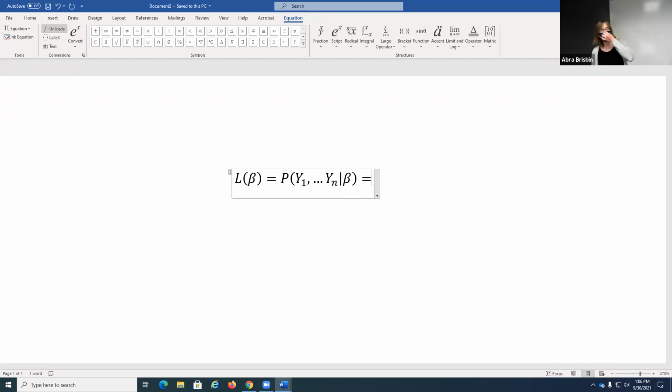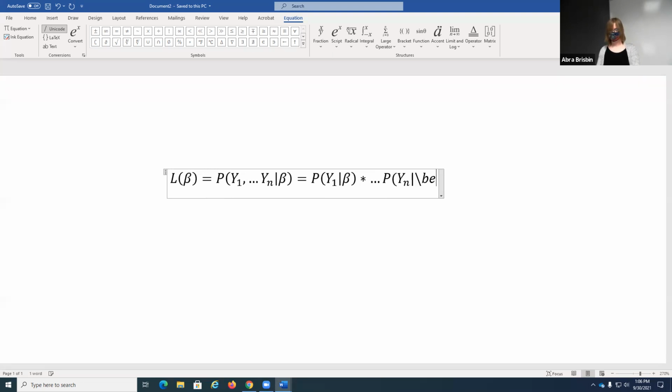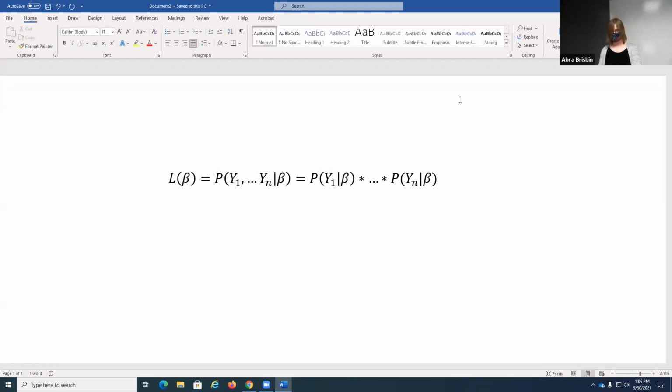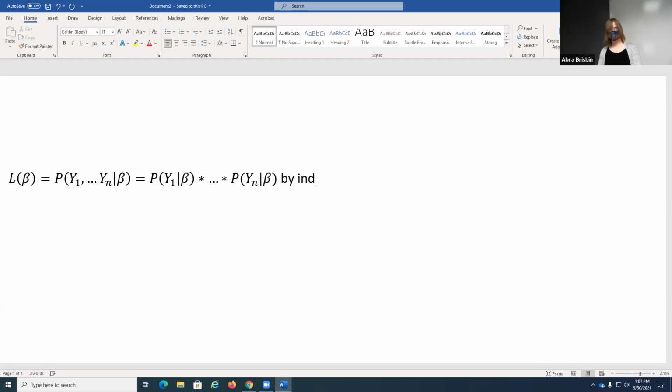But if the y sub i's are independent, then this is just the product of the probabilities of the y sub i's. And this is by independence.